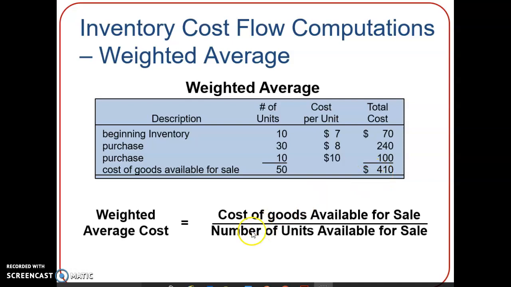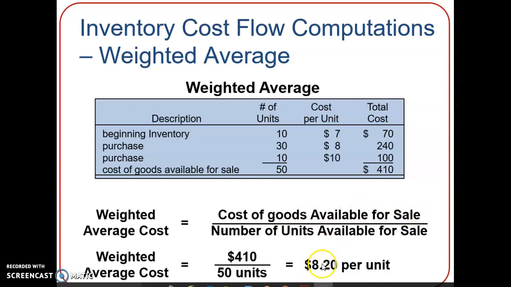So we divide 410 by 50, and we get the weighted average cost per unit for all the units. The cost of goods available for sale divided by the number of units available for sale gives us $8.20 per unit.